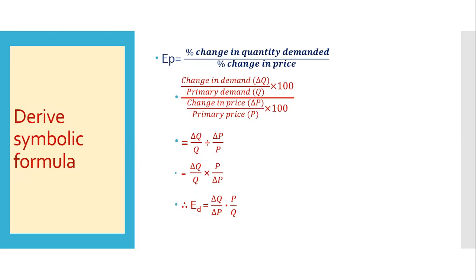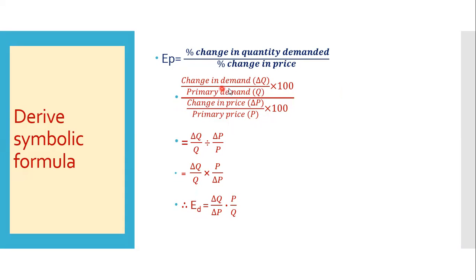Here, percentage change in quantity demanded we can write this way: change in demand divided by primary demand into 100, and percentage change in price we can write as change in price divided by primary price into 100.